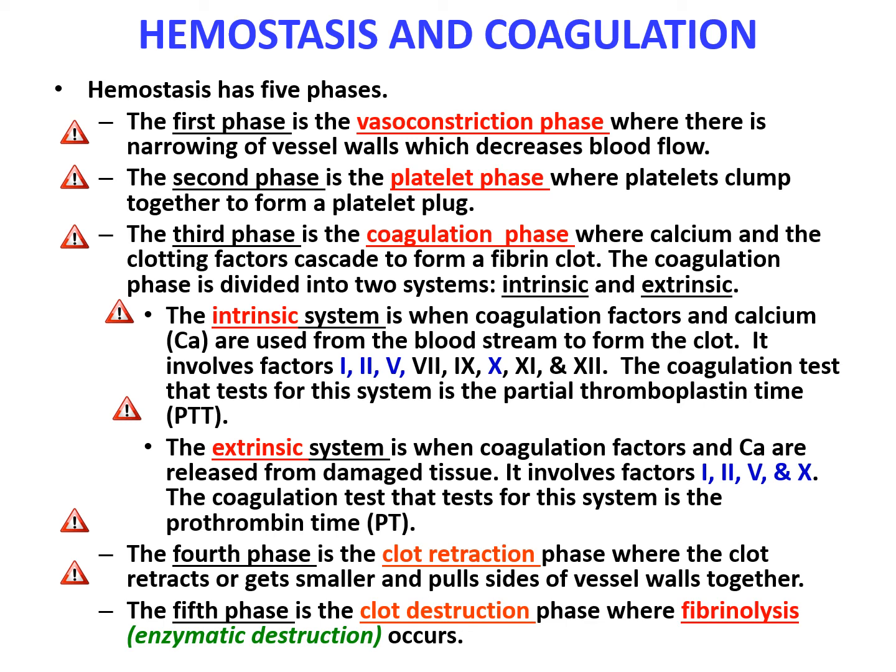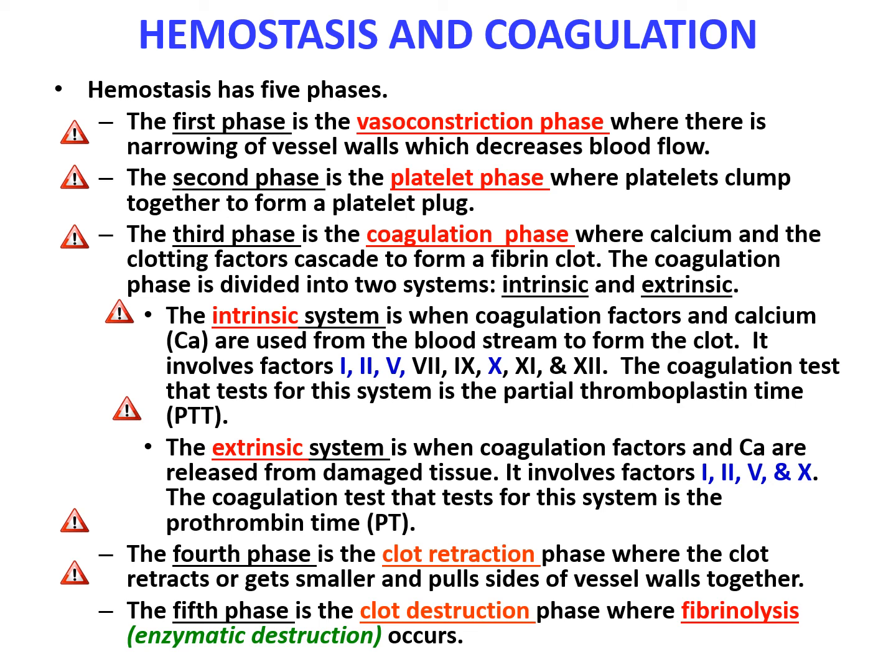And the coagulation test for this system is the PT, the prothrombin time. So extrinsic, think about tissue damage, okay? Something happens to you, you have some type of tissue damage, it's involving these factors, okay? And that's what the extrinsic tissue system is about. But it still involves the coagulation factors and calcium, okay? But if we're looking for this specific set of circumstances, we're going to order the PT, okay?